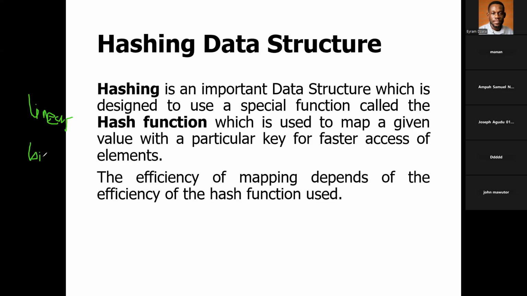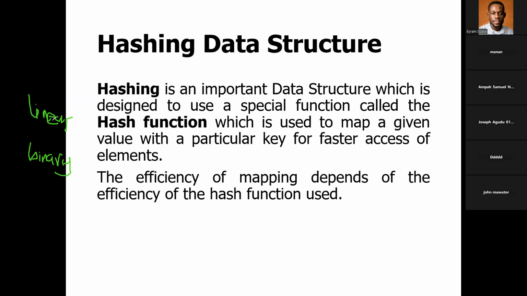The linear search searches one item at a time from the first element to the last element until it's able to locate the key value. So in a linear search, worst case, the time complexity is going to be n, because it has to iterate through the entire array or the entire list.